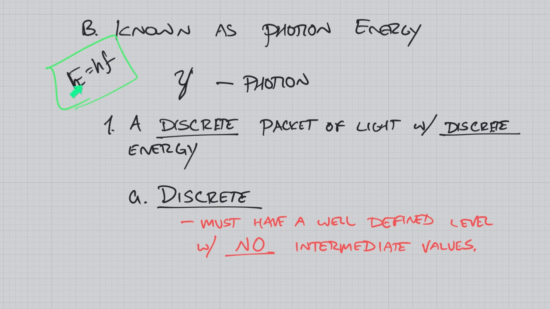And those electrons are only jumping with very distinct amounts of energy. So a photon carries a certain amount of energy dependent upon its frequency, a discrete packet of light with discrete energy levels. It's not a range of energy, but it is a single amount of energy based on the frequency of light. Discrete meaning we must have a well-defined level with no intermediate levels. That's why those electrons don't jump wherever. They can only go from one level to the next with very specific amounts of energy.